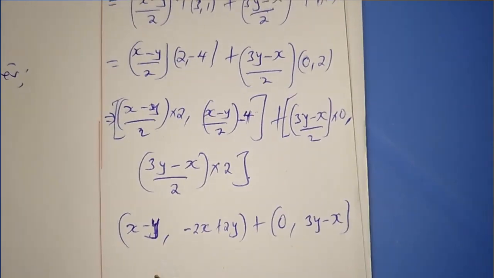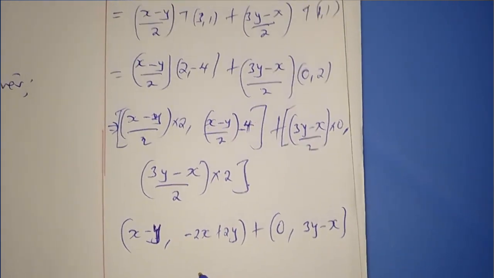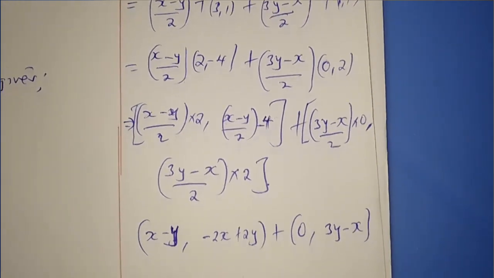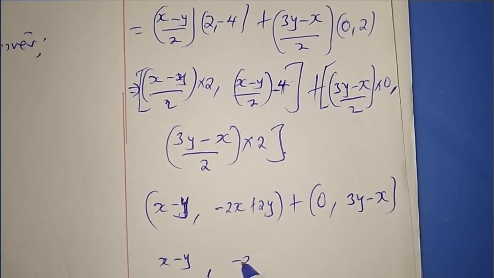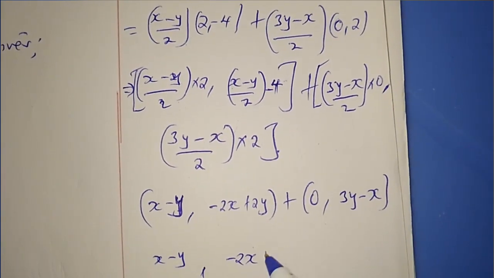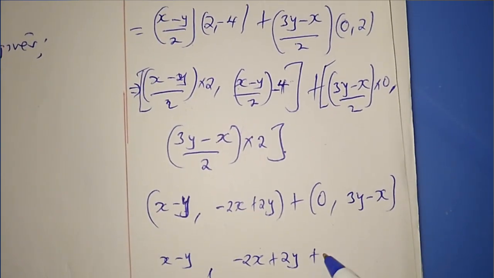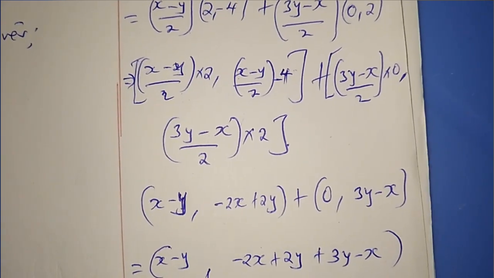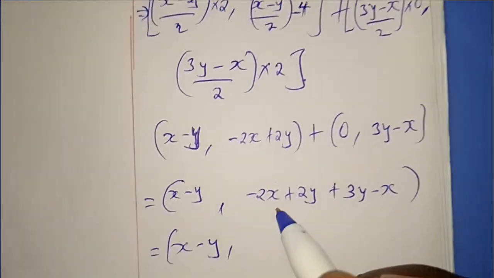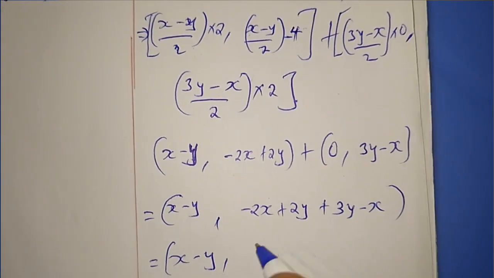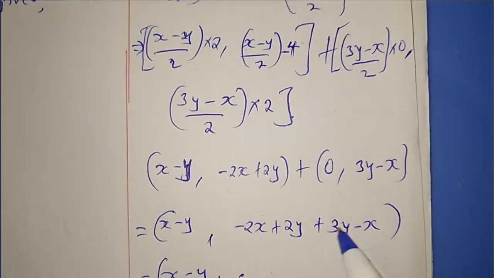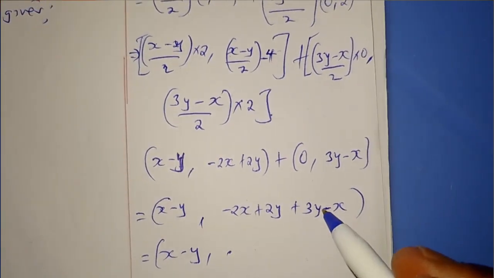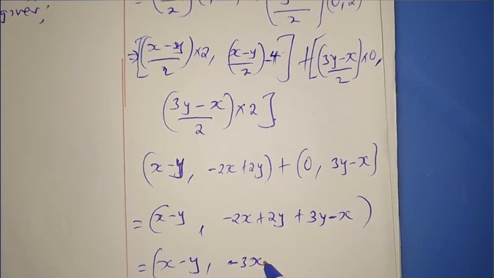Are you there? Now we have x − y, and adding 0 gives x − y, then −2x + 2y + 3y − x. We get (x − y, −2x + 3y...) x coordinate: −2x plus −x is −3x.